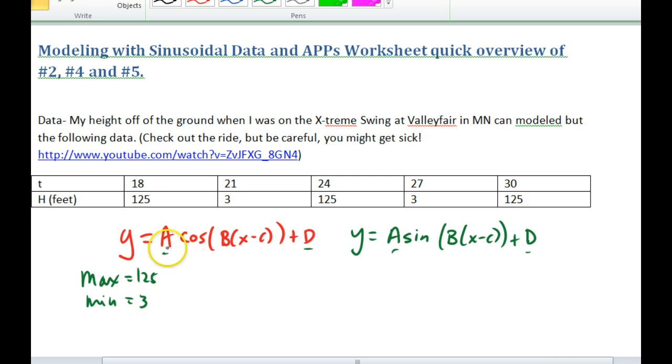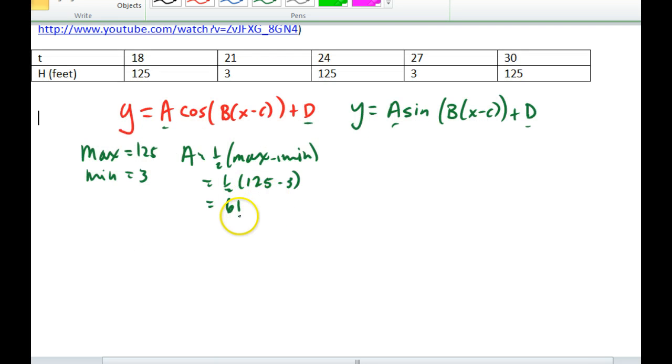Now my A value is going to be 1/2 max minus the min. So this is 1/2, 125 minus 3, half of 122. Half of 122 is 61.